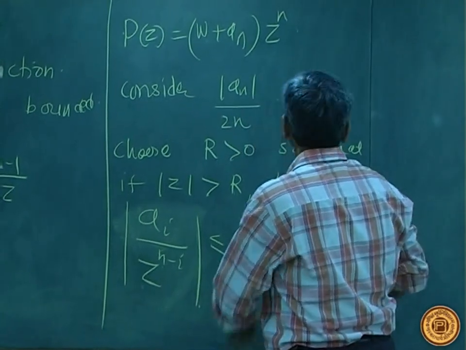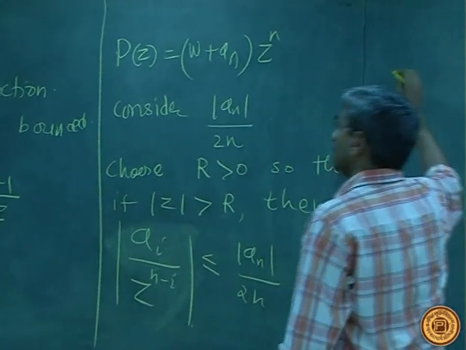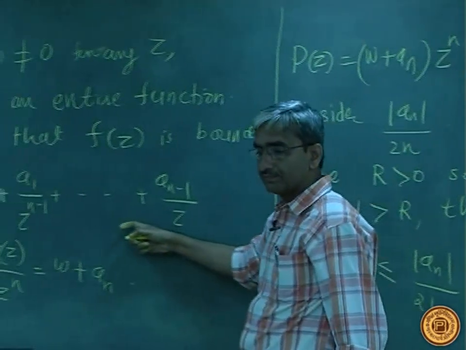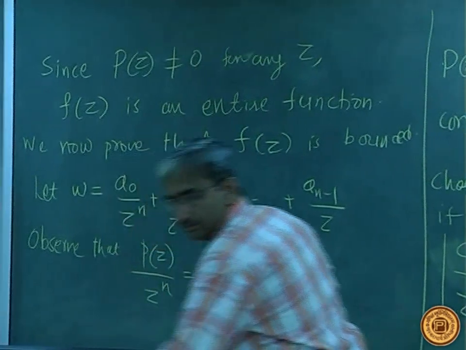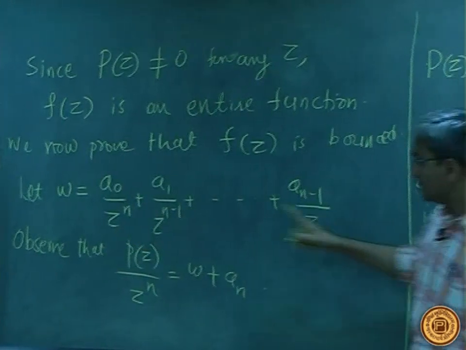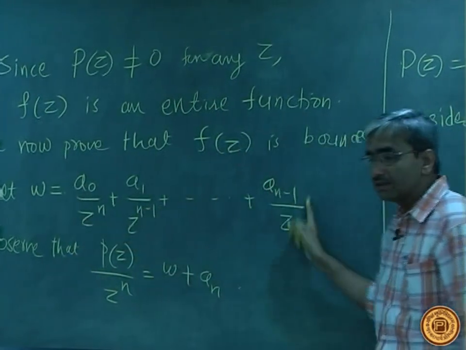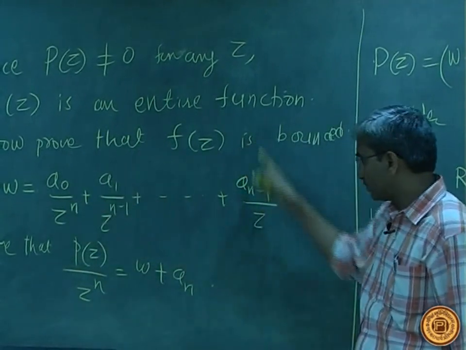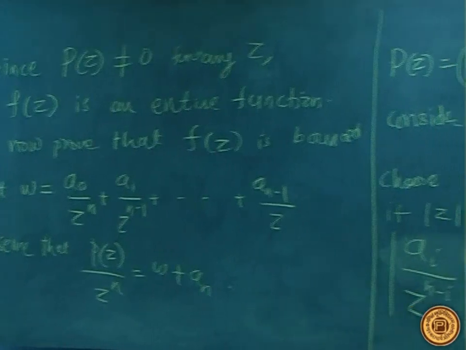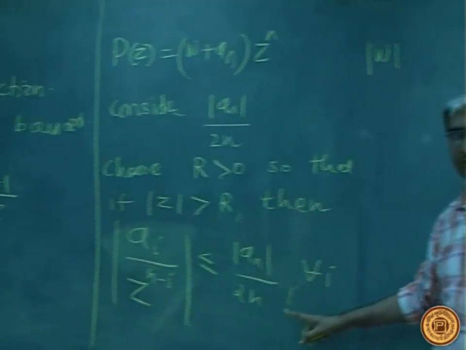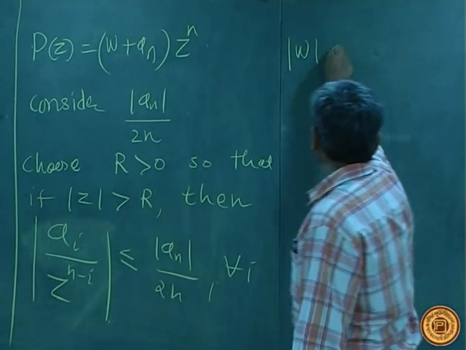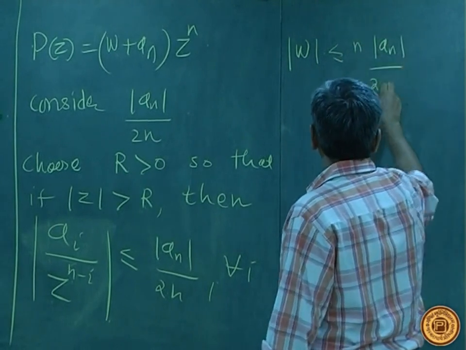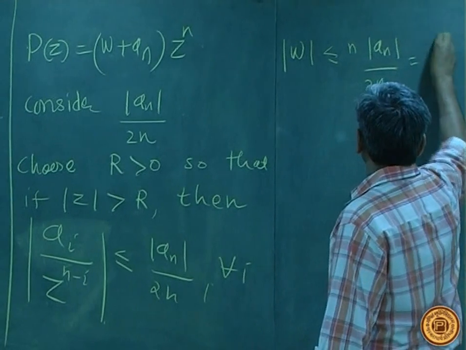This is useful in the proof. Therefore, mod w means you take absolute value on both sides. So mod of this will be less than or equal to mod of this plus mod of this plus mod of this. But each mod we have made less than or equal to mod an upon 2n. So mod w is less than or equal to n times mod an upon 2n, that is equal to mod an upon 2.